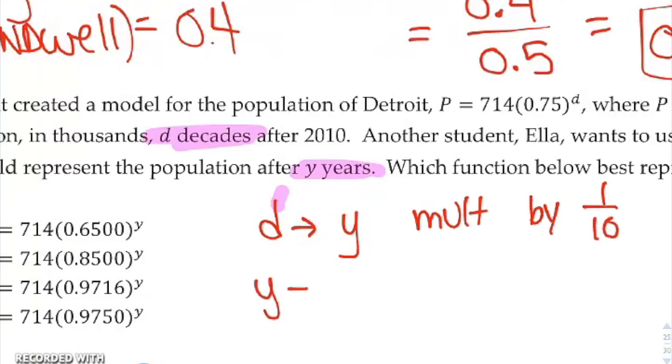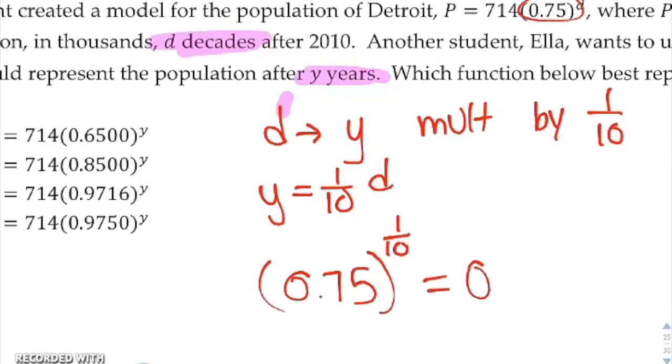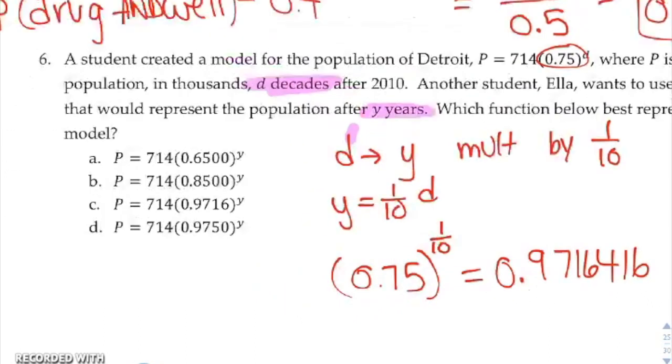And that's because a year is 1/10 of a decade, right? So I'm going to take my current base, which is 0.75, and raise that to the 1/10. And that gives me 0.9716416. And so I know that my correct equation should be C.